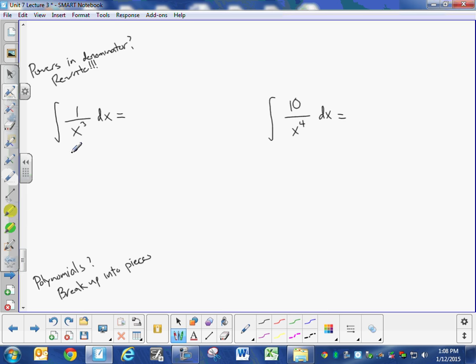This will be rewritten as the antiderivative of x to the -3rd with respect to x. This will be written as the antiderivative of 10x to the -4th with respect to x. The same antiderivative power rule applies. Add 1, multiply by the reciprocal of your new exponent.